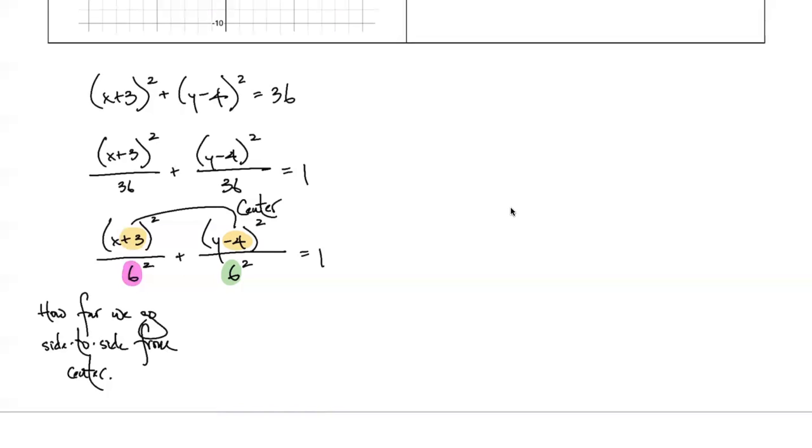Exactly, exactly. So this green 6 is how far we go up and down from the center. How did we know that this second one tells us that we're going up and down from the center?